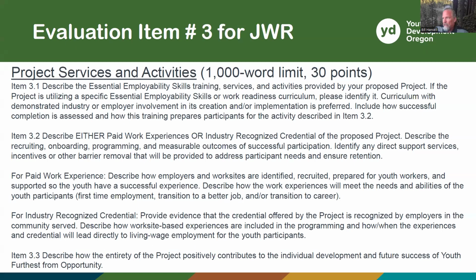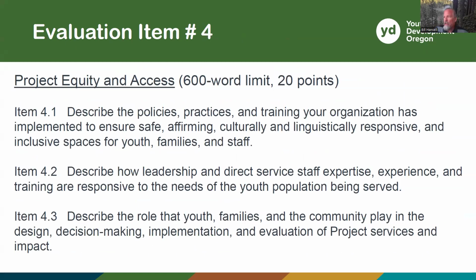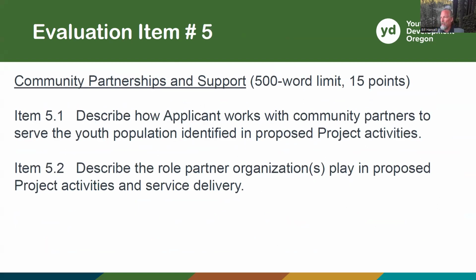Next slide, please. Evaluation item number 4 has to do with project equity and access. And then evaluation item number 5 has to do with community partnerships and supports as they are proposed in the project activities.